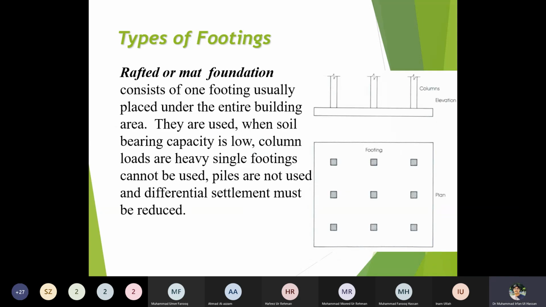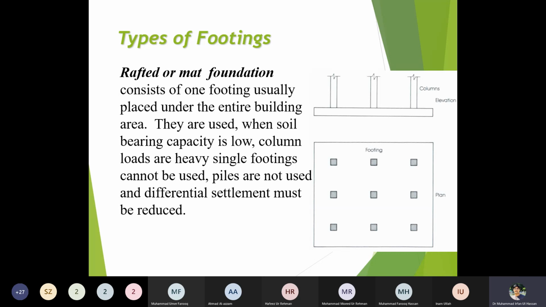So then you can think to reduce the cost, and rather than making a lot of continuous footings and footing beams, you say, okay, no problem, the areas are very close, the areas are overlapping, the soil is also not good. So then we can provide a single plate under all multiple columns. That single thick plate footing under a larger number of columns is called the raft or the mat foundation.